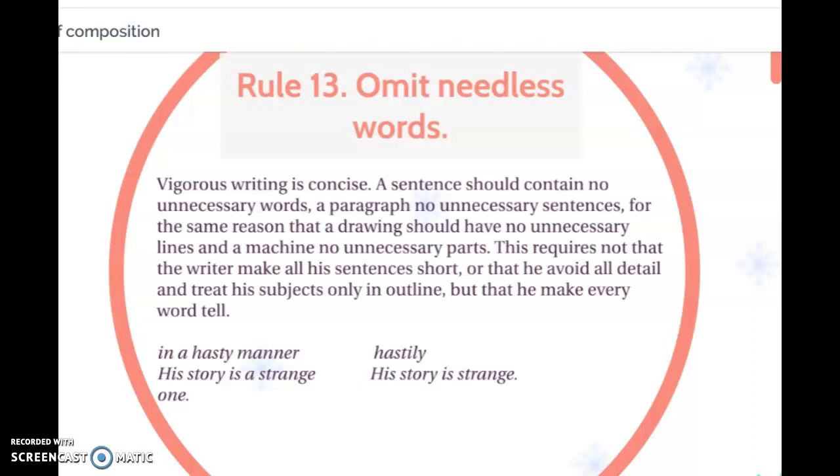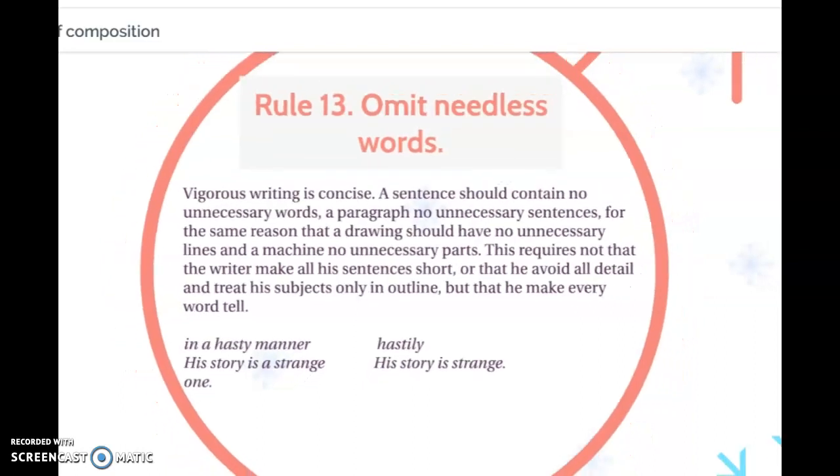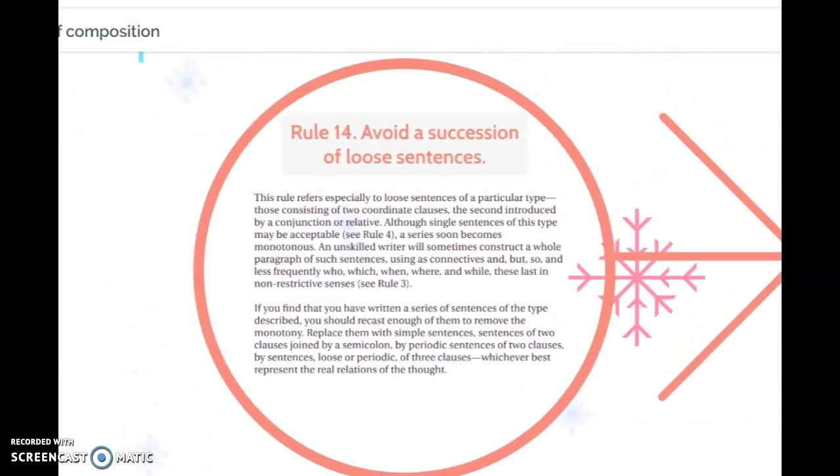So instead of saying in a hasty manner, say hastily. His story is a strange one. His story is strange. Okay? Try to omit everything that is needless, that makes your expressions much more wordy and difficult to understand.